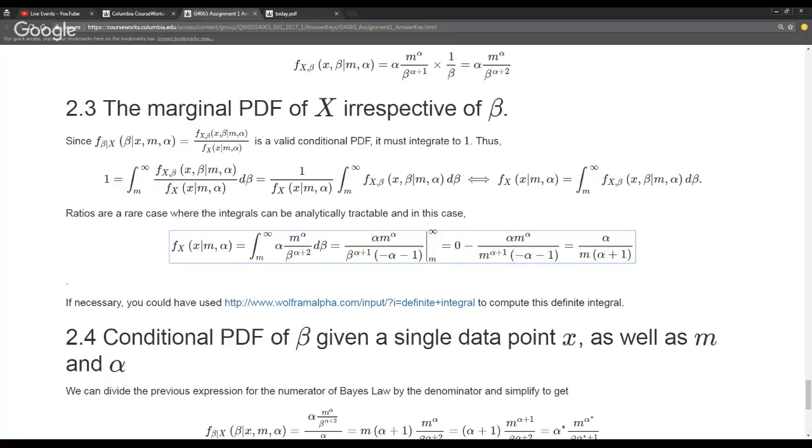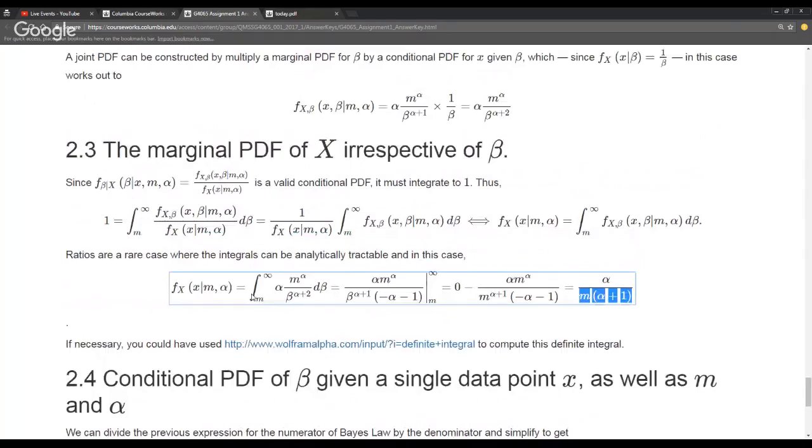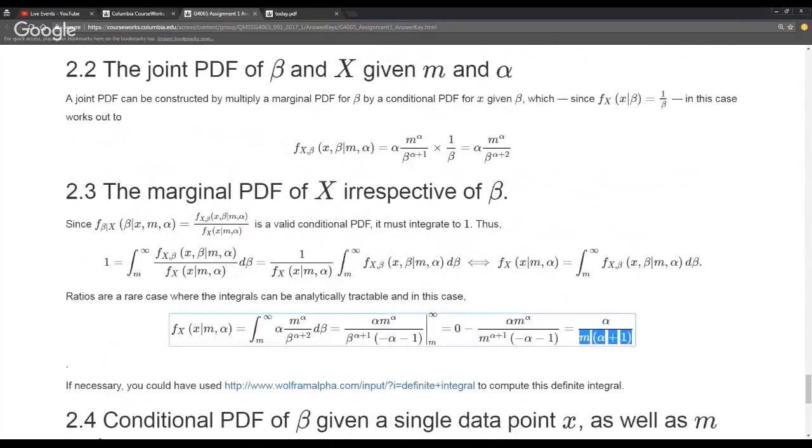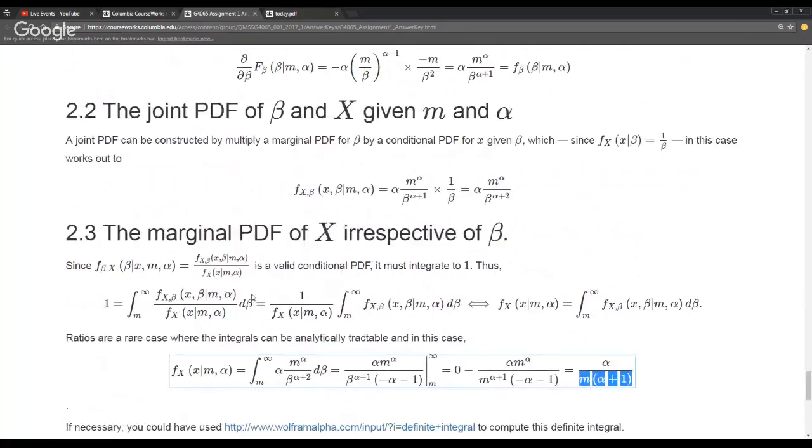Yes, as long as you get this integral at the end, that's fine. Okay, yes. So when you start the question, x has uniform distribution. That's your beliefs about x. X given beta is uniform between 0 and beta.